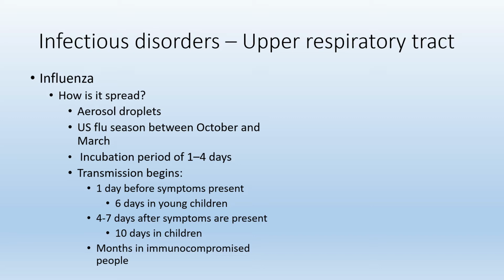So maybe it's February, and you still haven't gotten your vaccination. Well, it's not too late, right? And so we can see a decrease in transmission if we get the vaccine even in February.